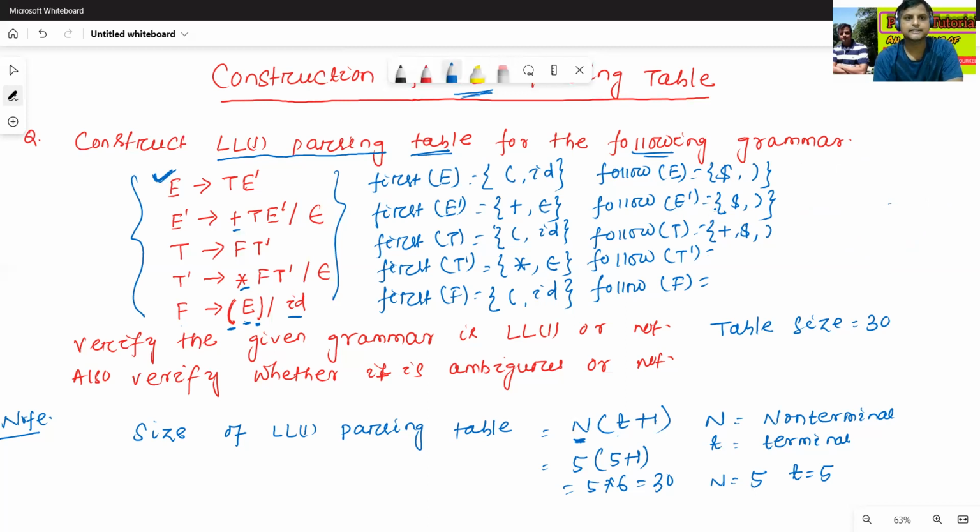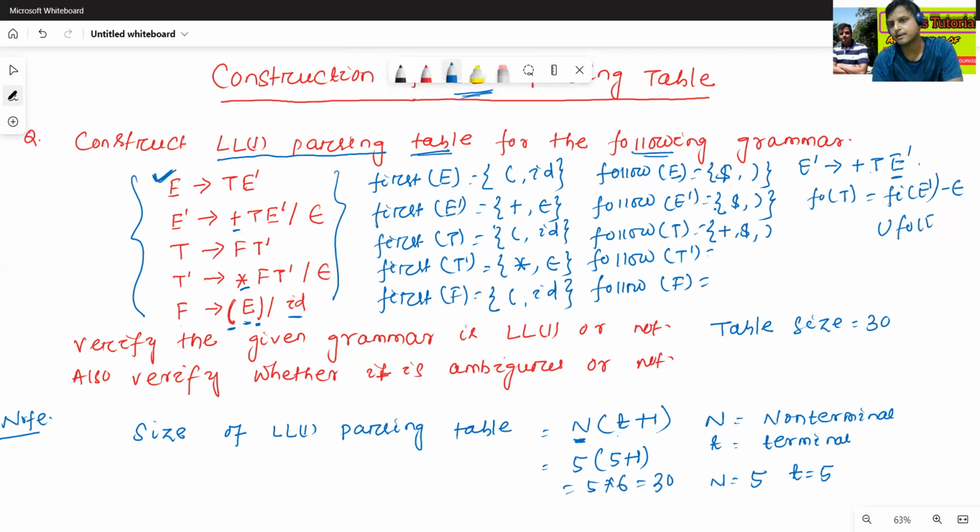So now we'll check where T is on the right side. Second production, E prime → plus T E prime. There is something on the right side of T, so follow of T means first of E prime. First of E prime equals plus and epsilon, so minus epsilon, union follow of E prime.